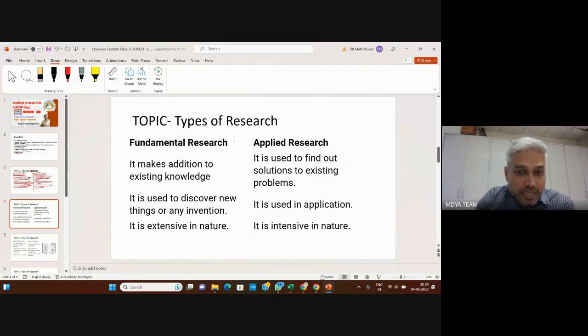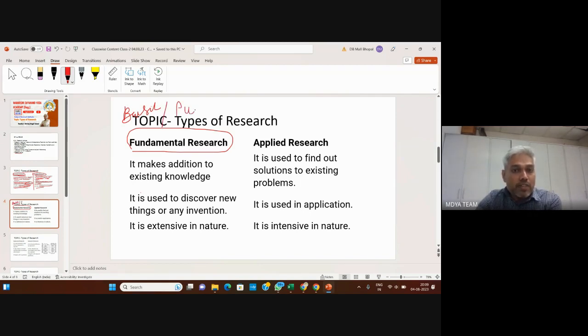Now the second, we will compare fundamental research and applied research. In this type of research, fundamental research is also called basic research and pure research.